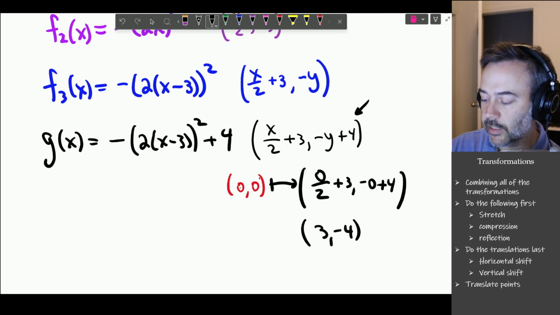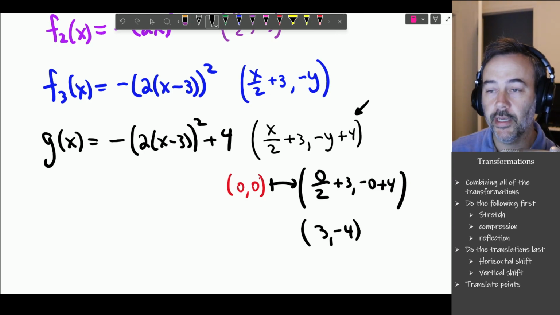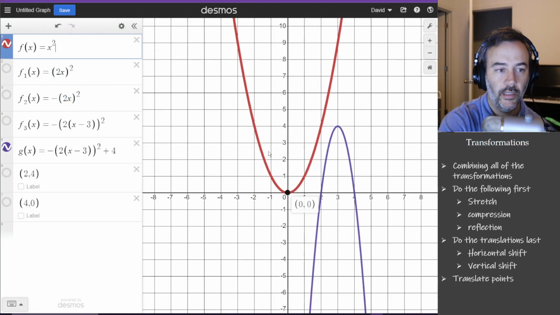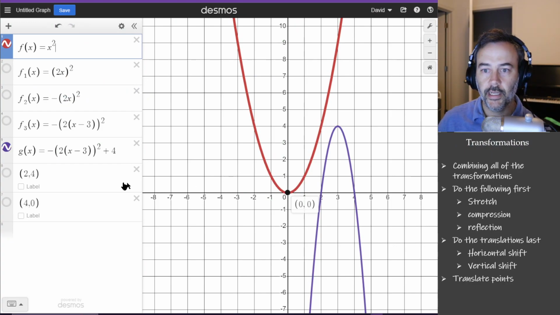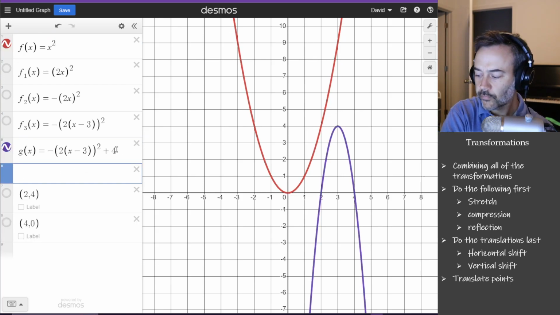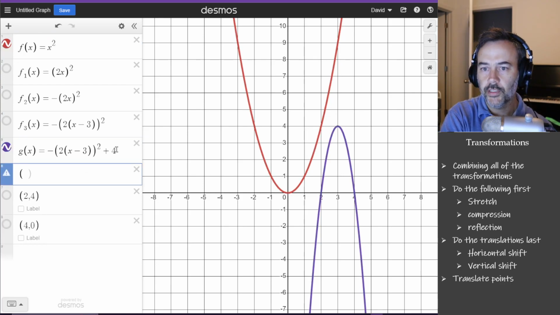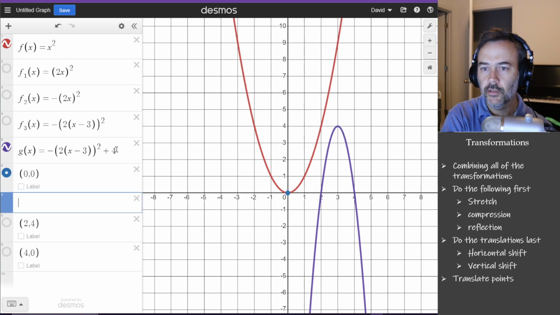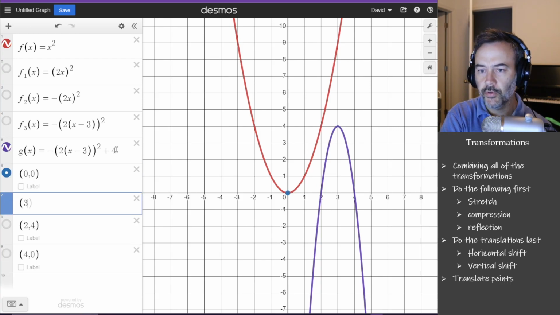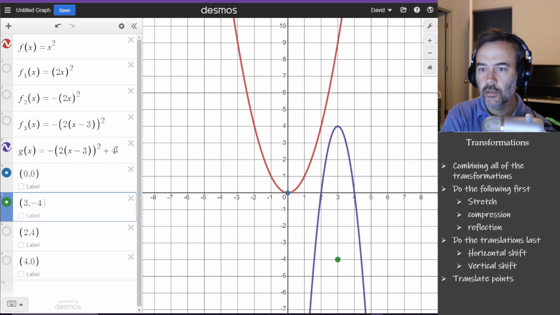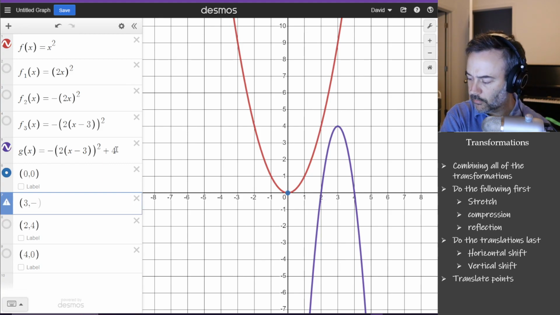So the original vertex was 0, 0. The new vertex better be at 3, negative 4, and we can come back here and look at it, and I can graph it. The original vertex is 0, 0, and the new vertex is 3 comma negative 4. Oh, excuse me, 3 comma 4.